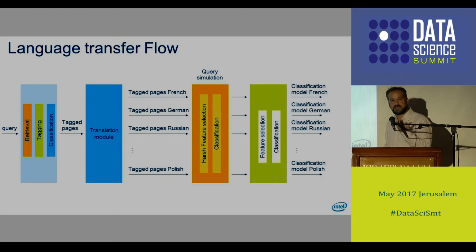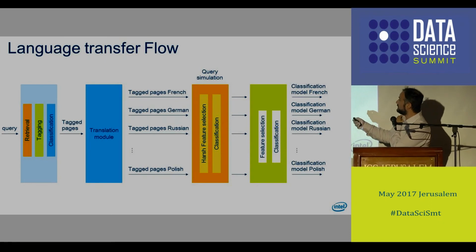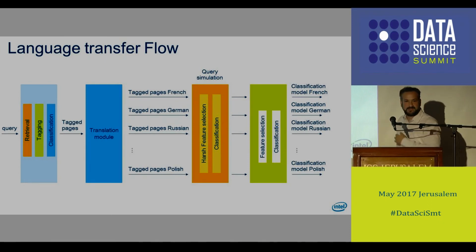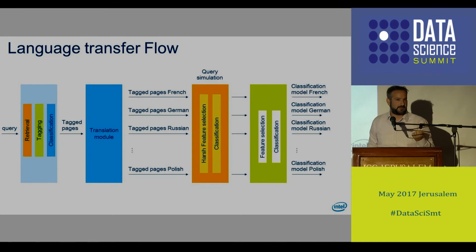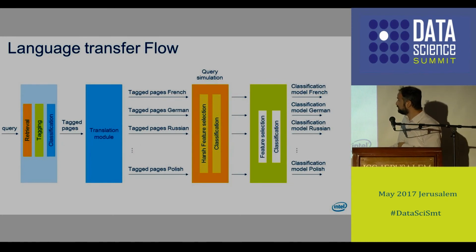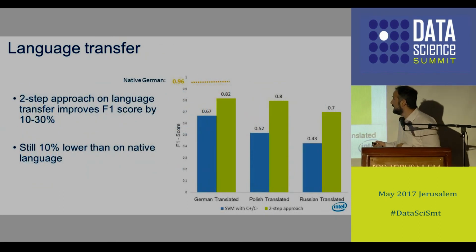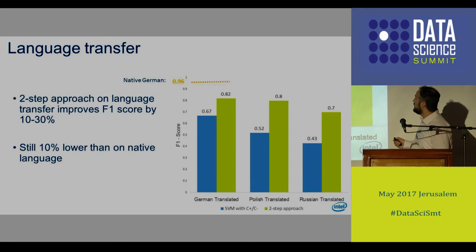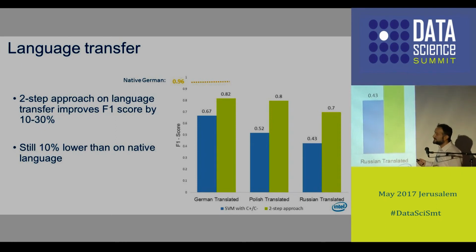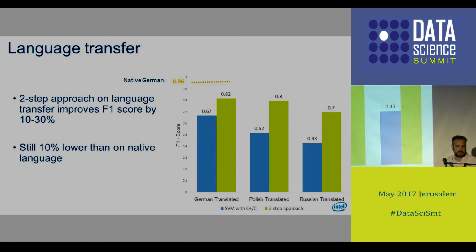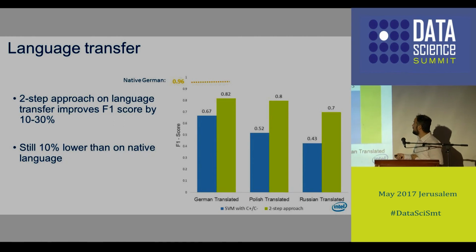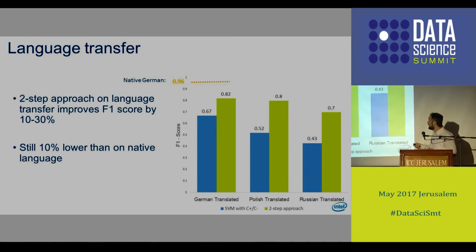Unfortunately, we didn't manage to have as good results on word2vec as on the specific TF-IDF models that we had. So this two-step approach did allow us to gain compared to a simple SVM on the translated documents. But unfortunately, there's still room to spare.